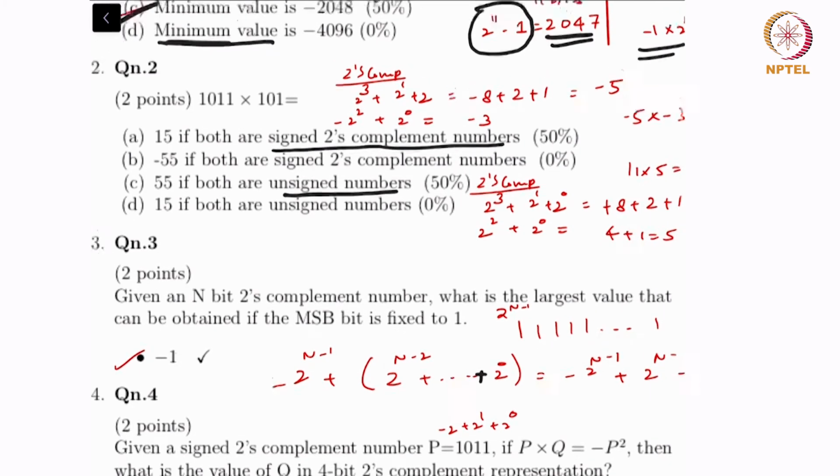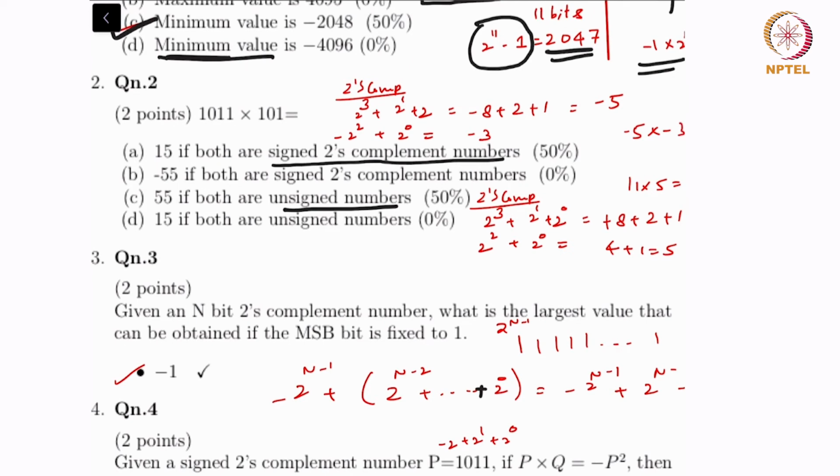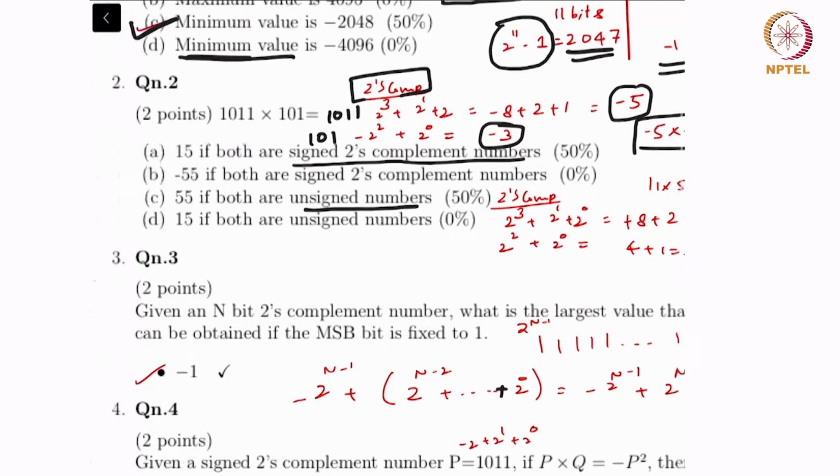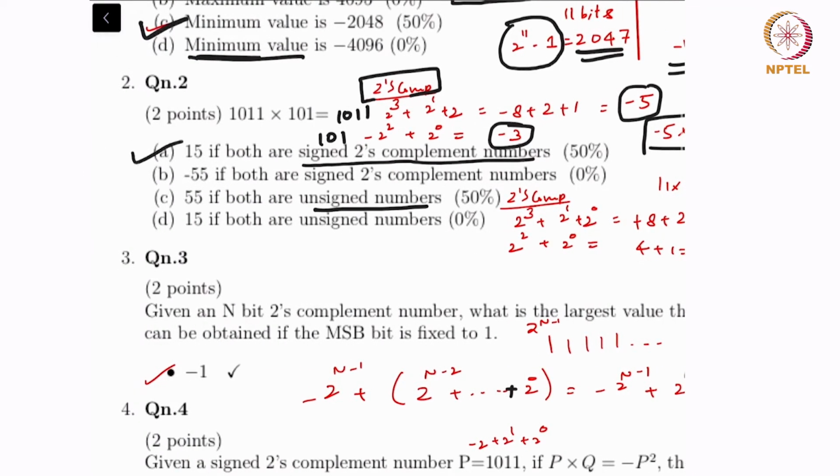In the case that they were signed 2's complement numbers, let's say we have 1011 and 101 represented in 2's complement notation. We obtain minus 5 for 1011 and minus 3 for 101. So minus 5 into minus 3 gives you plus 15. And hence the answer option A is right.